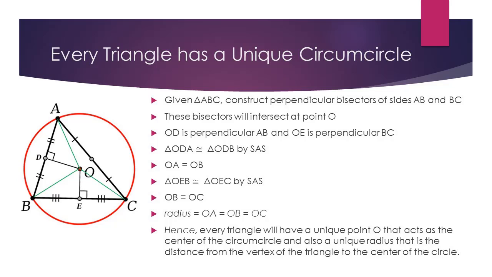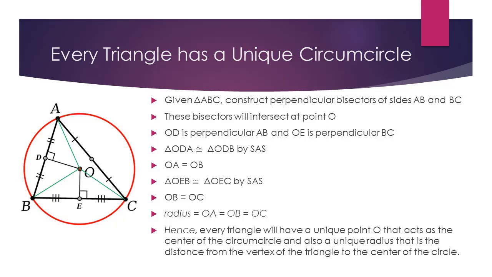We can say that OD is equal to OD through the reflexive property, and side length AD is equal to side length DB, since it is cut in half by the perpendicular bisector. And we know that the angle measure of ADO is 90 degrees, and similarly, the angle measure of BDO is 90 degrees, which makes these two triangles congruent by side angle side postulate.